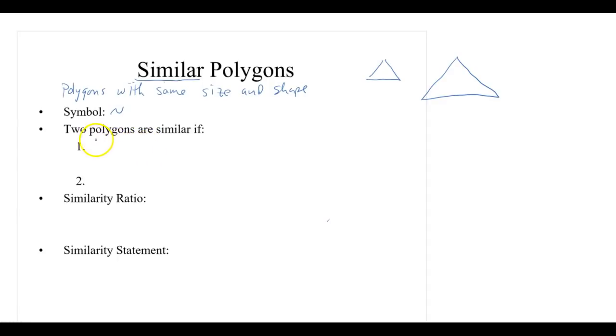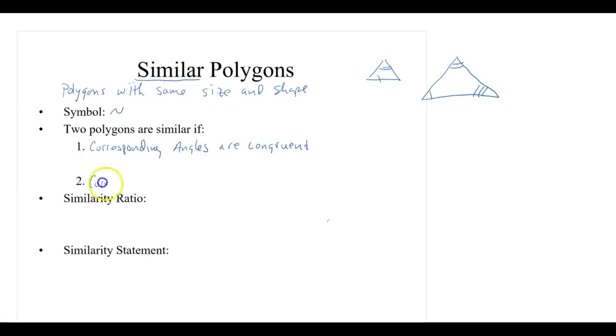Now what defines if two polygons are similar? First off, what gives a polygon its shape? It's the angles. So two polygons are similar if their corresponding angles are congruent. So if I look, these corresponding angles would all be congruent, right?